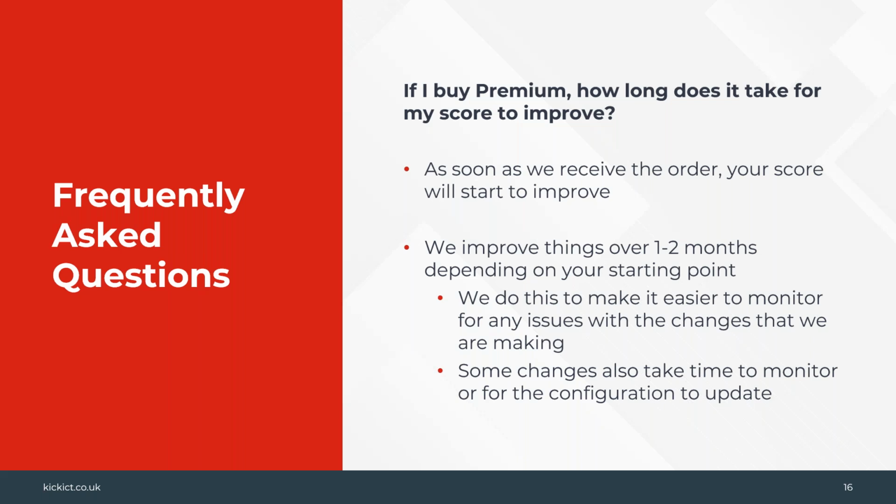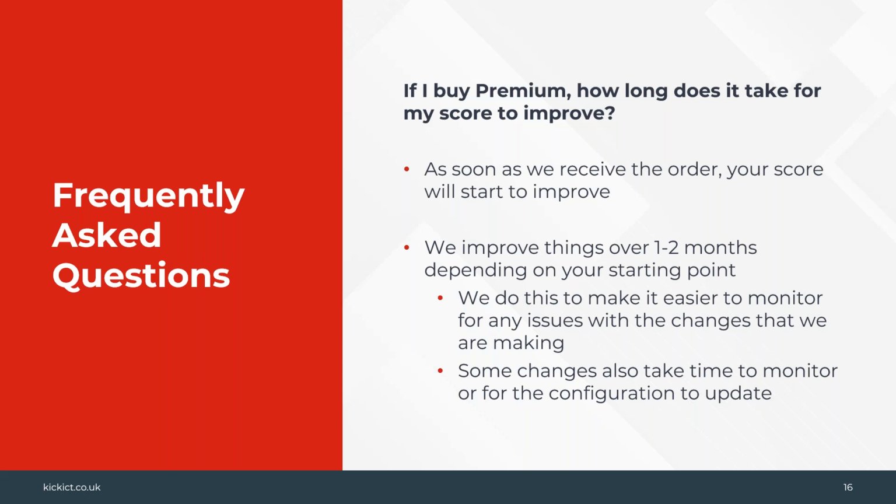A couple of reasons why that is. First of all, although we don't expect any changes we make to have major impacts, sometimes it can have an impact and a user has to raise a call because something they were using has stopped working. So we do it slowly to make sure that if anything happens, it gets reported back, we can track it down more quickly and figure out exactly what it is.